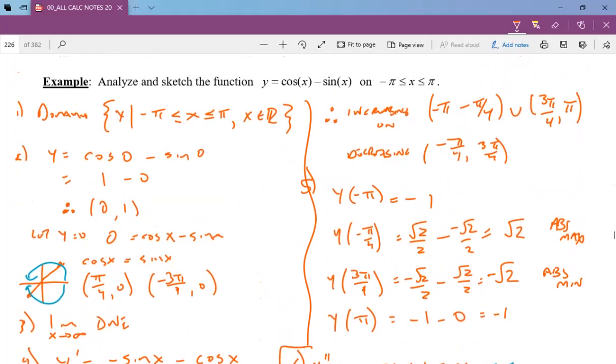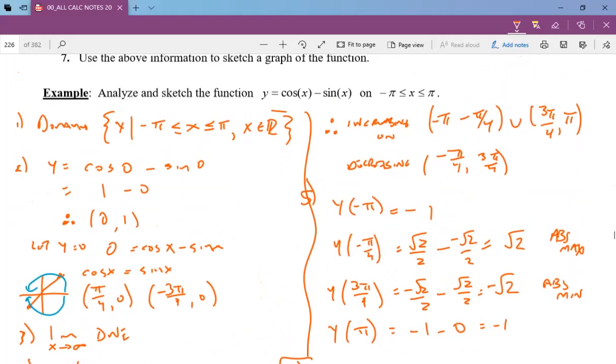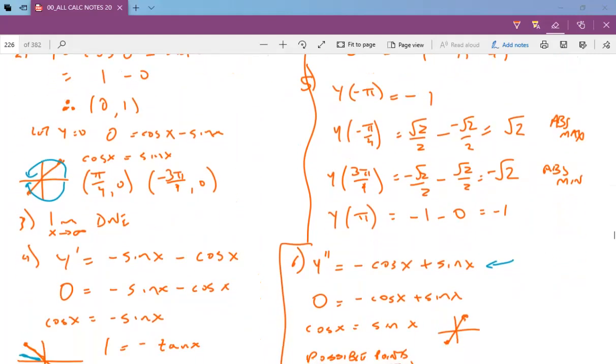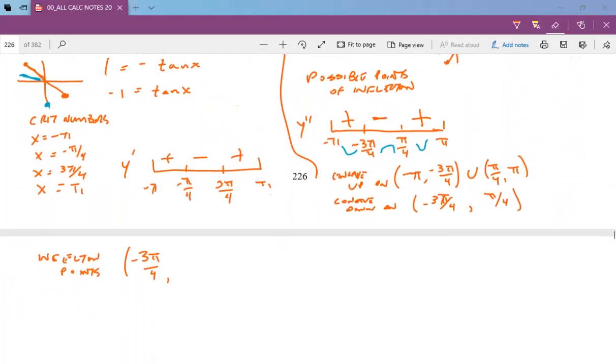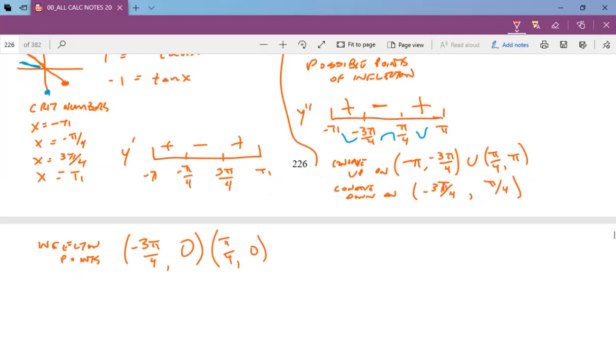And so we go all the way back to our original equation, and negative 3 pi quarters, cosine of negative 3 pi quarters, minus sine of negative 3 pi quarters. And if we're subtracting those, they are both root 2 over 2. One of them is negative, one of them is positive, so negative 3 pi quarters comma 0. Pi quarters, so it is going to be comma 0.